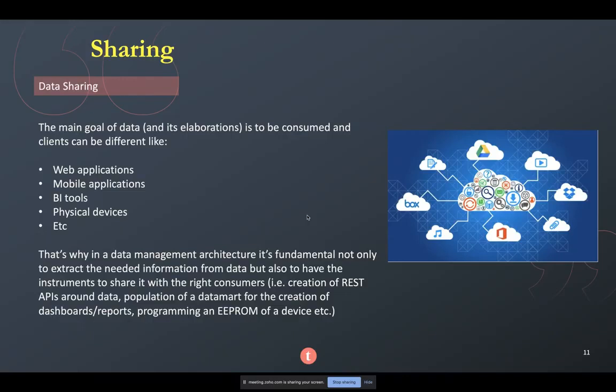So the sharing part means the availability of systems and methods to expose the data and the information to other systems, in order to facilitate the integration between them. The most intuitive example is the creation of REST APIs around data.